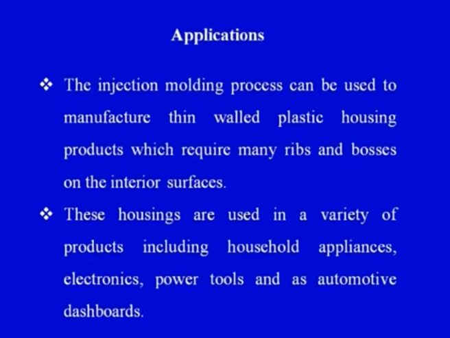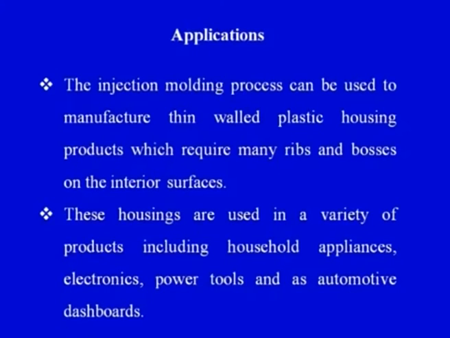Now, coming to the application areas: what are the important applications of injection molding? The injection molding process can be used to manufacture thin walled plastics which require many ribs and bosses on the interior surfaces. Suppose we want a hand drill with a plastic casing.